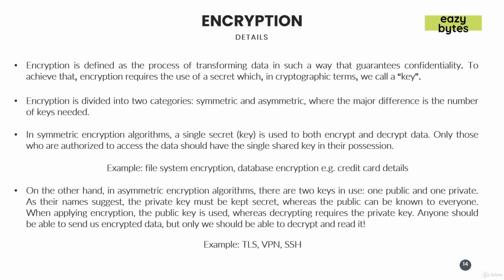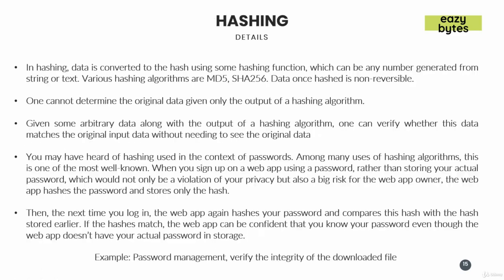Then what is suitable? Let's look at hashing. Like we discussed, even in encoding and encryption, reversing is possible. If someone knows the key or encoding algorithm, they can easily reverse to the original text that I have stored in the database or sent over the network.